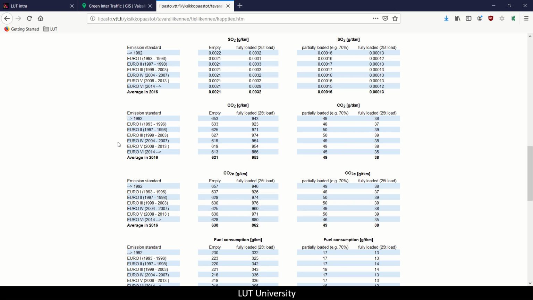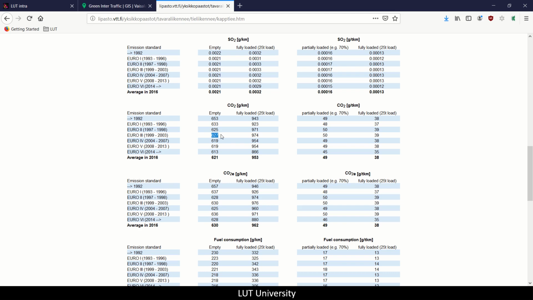The most common one, I think, as it is for now, is the Euro 3 truck for this type of operation, Euro 3 engine technology, the Euro standard of this classification.